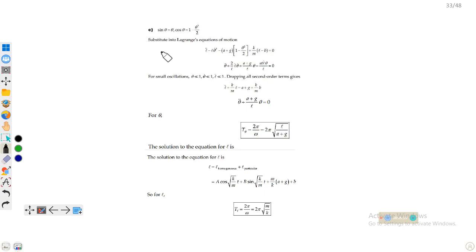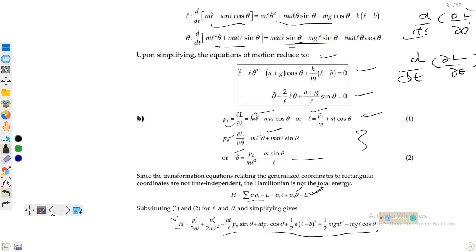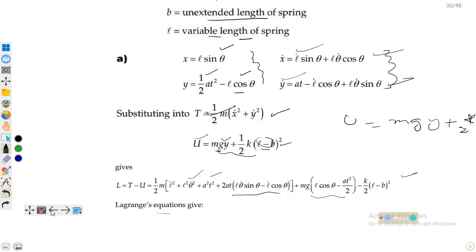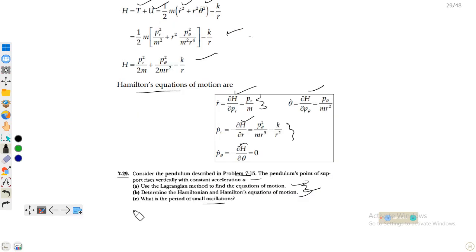For further, if I look back at the requirement of the question, in the last part we have to find the period of small oscillation.